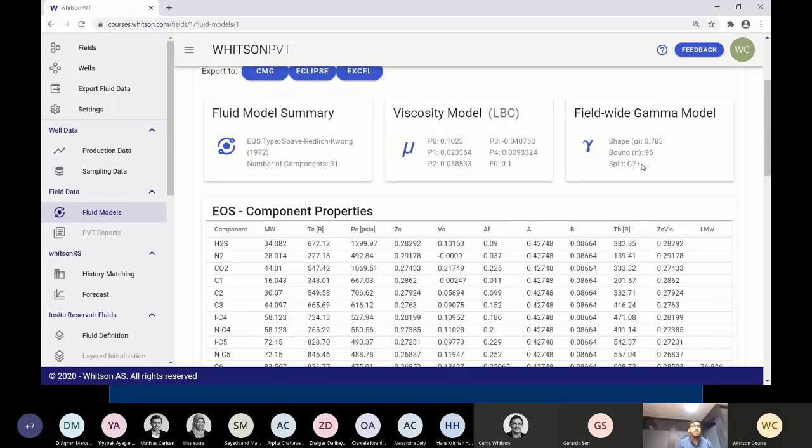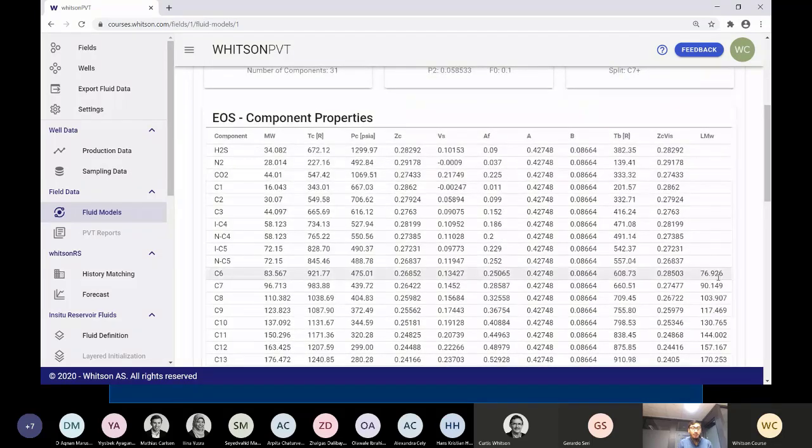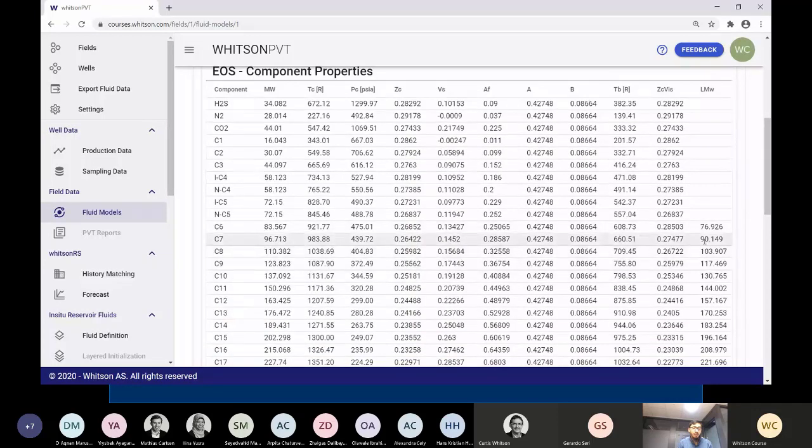We have two samples in this course, an oil sample and a gas condensate sample, and both have very different C7 plus molecular weight. So here we are only showing the common properties for all the samples. That's the shape factor and the bound, and the lower molecular weights are also constant for all the samples, and we know that these are used to discretize the continuous model to get the individual component amounts and the molecular weights.